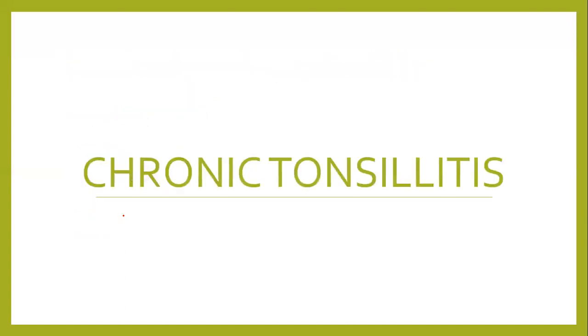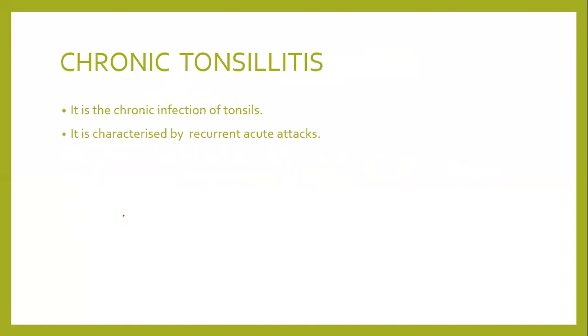So till now we were discussing what tonsillitis and acute tonsillitis are, in detail. Acute tonsillitis is again divided into four groups: catarrhal tonsillitis, follicular tonsillitis, membranous tonsillitis, and parenchymatous tonsillitis. Next, we can discuss chronic tonsillitis. It is a complication of acute tonsillitis.